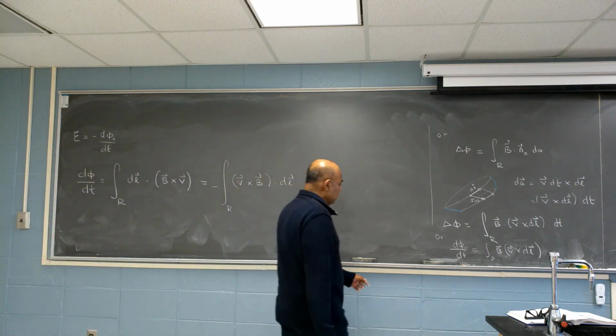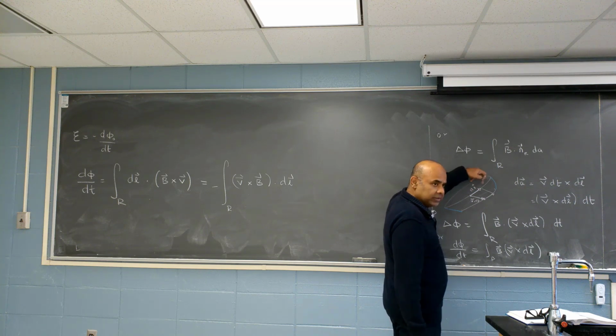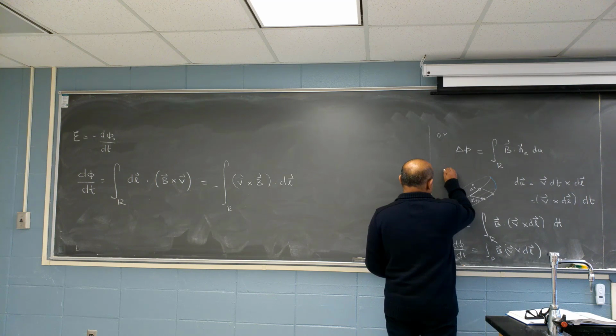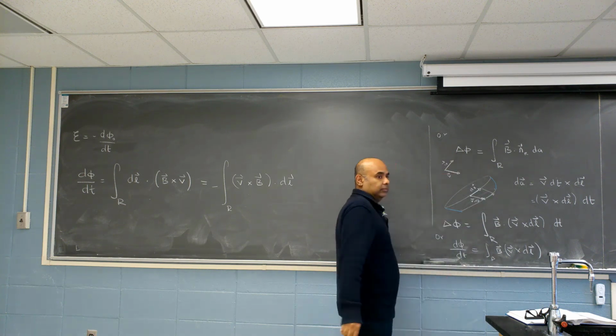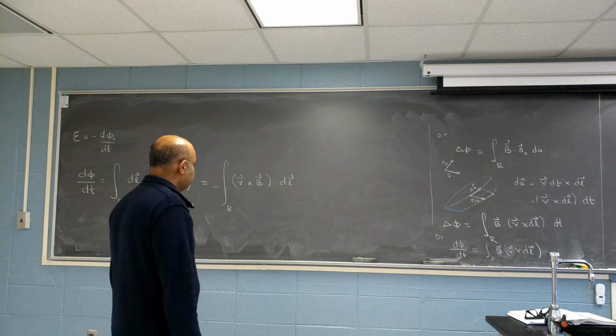Now, mind you, there could be a current in the loop, so charges could move in this direction. So if you look at a typical charge here, it could have this velocity V and this velocity U. I should have done it sooner.